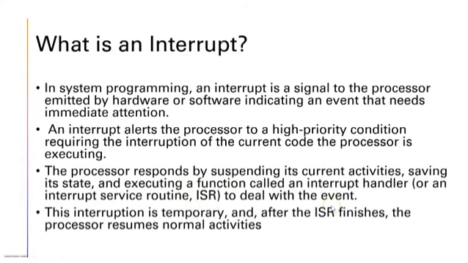Whatever the processor is doing currently, it will stop, but it won't forget to save the state and the details of that process to some place. Then it will go and serve the interrupt. After finishing the interrupt servicing, it will come back to the process it was earlier doing, and it will resume that process.